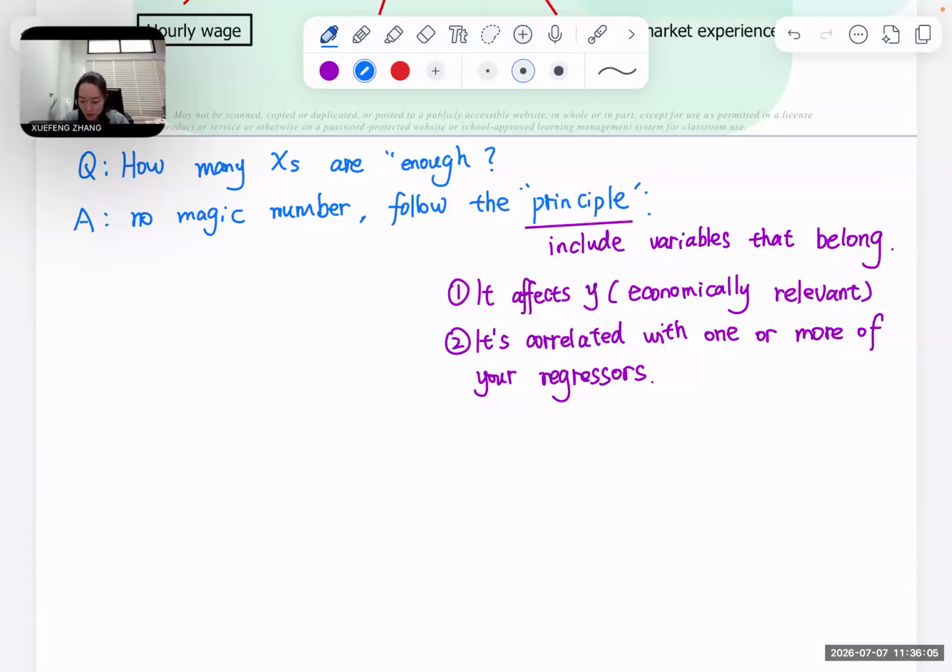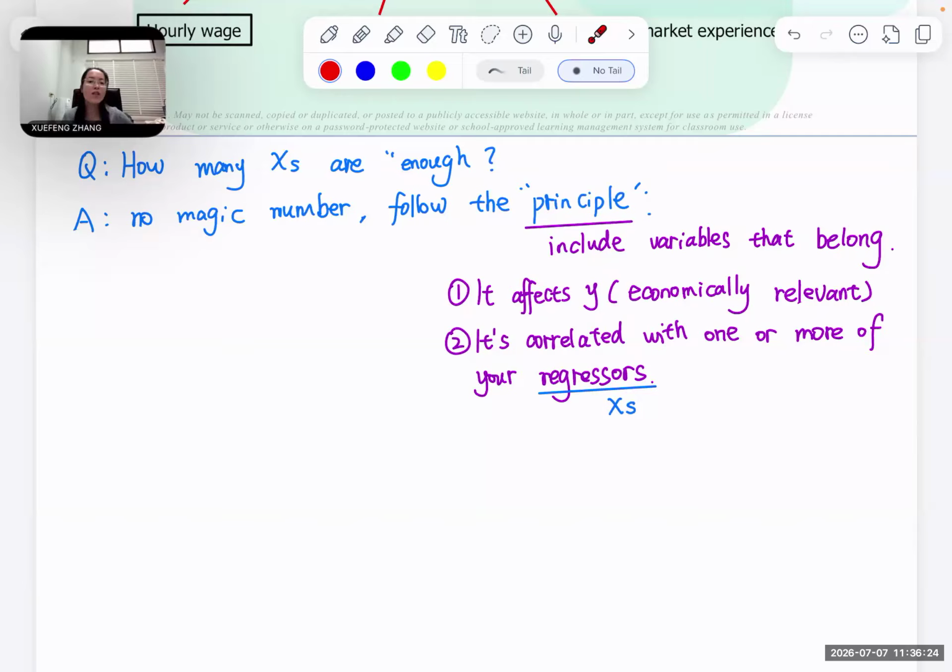What is regressors here? Regressors means other x, right? Okay, so this is the principle. It affects y and it's correlated with one or more of your regressors.